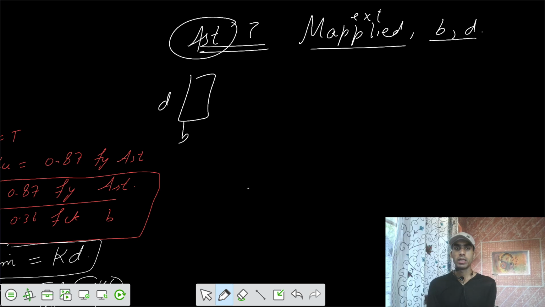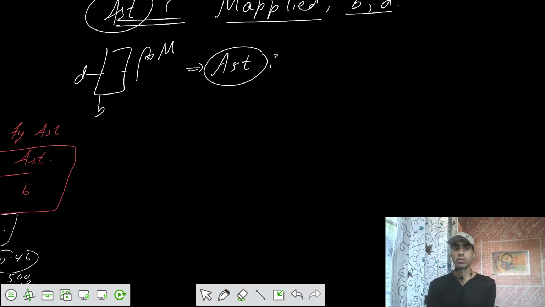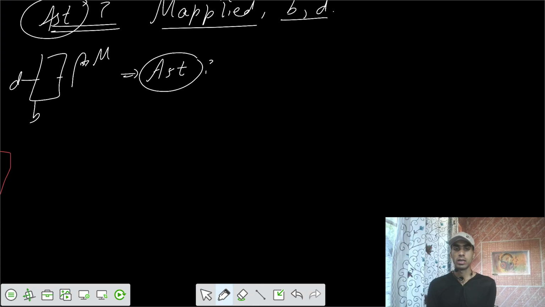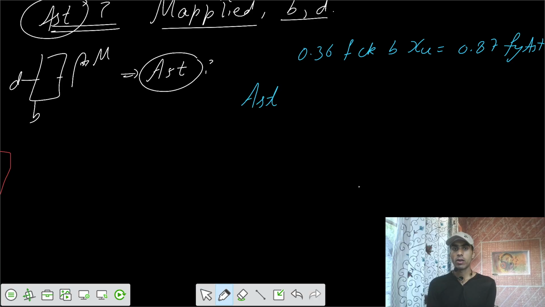B and D are provided, and we also know the bending moment that is applied on the section. Corresponding to that, we should have an equation for what should be the area of the steel required. If I write that equation, 0.36 FCK B times XU equals 0.87 Fy AST, and from this I can get the value of AST limiting.